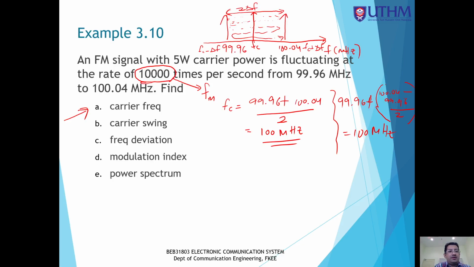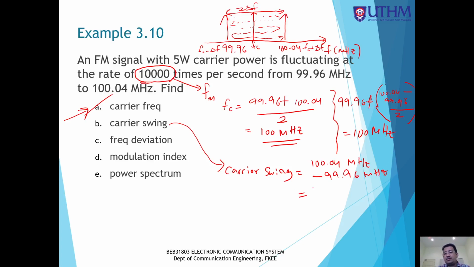The next question asks about the carrier swing. As I mentioned earlier, it is the range of frequencies from the lowest until the highest frequency. So the carrier swing is equal to the highest frequency, 100.04 megahertz, minus 99.96 megahertz.